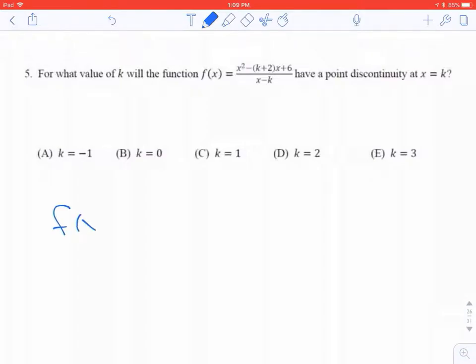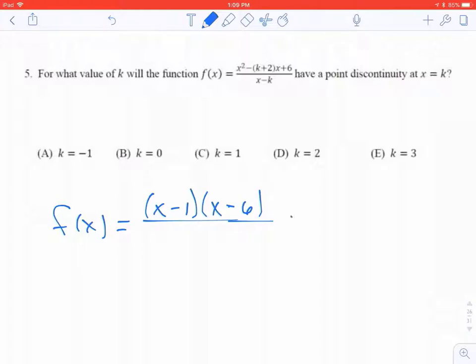We know that point discontinuity happens when you can cancel common factors. So that means that x squared as the first term and the plus 6 as the last term has to factor. That could factor in several ways. Could be x minus 1 and an x minus 6.